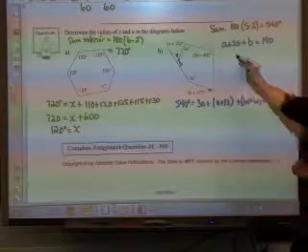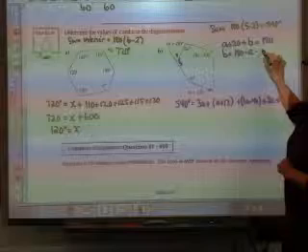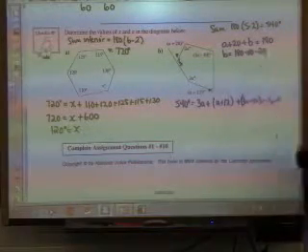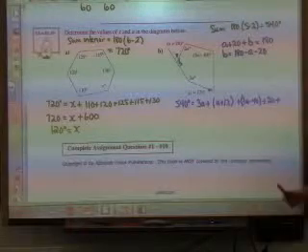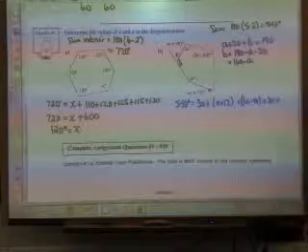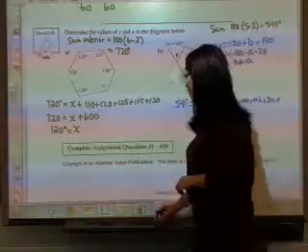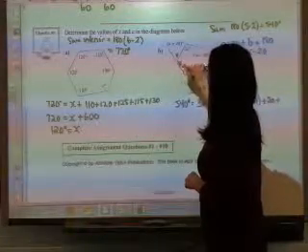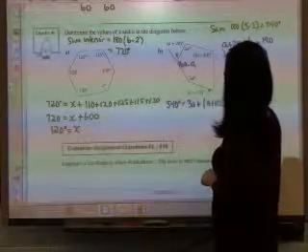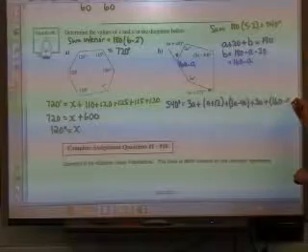So if I want to get b by itself, I have to subtract the a and subtract the 20. So what's 180 minus 20? 160. So there's my b value. So now instead of having b, I can write in 160 minus a. So plus 160 minus a.